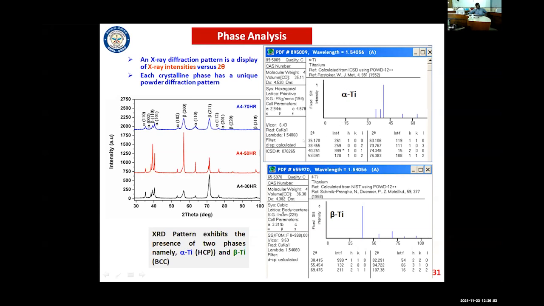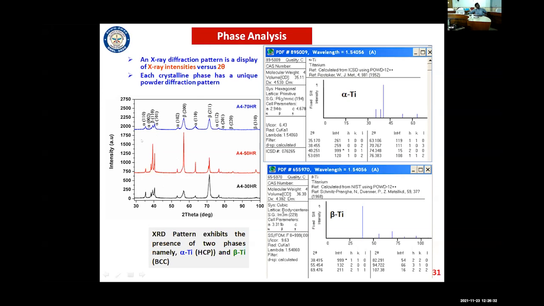For alpha titanium, my 2 theta is around 35.17; this is 30, this is 40, so 35 means this is the alpha peak. The next peak position of alpha titanium comes around 38, somewhere here you have the alpha. And at 40 also you get an alpha peak.